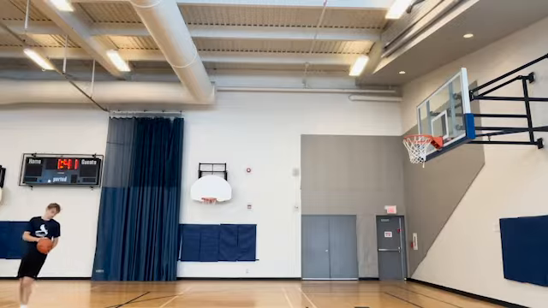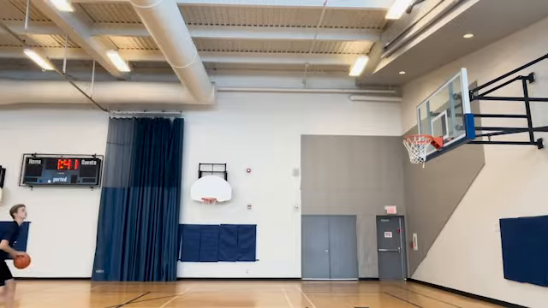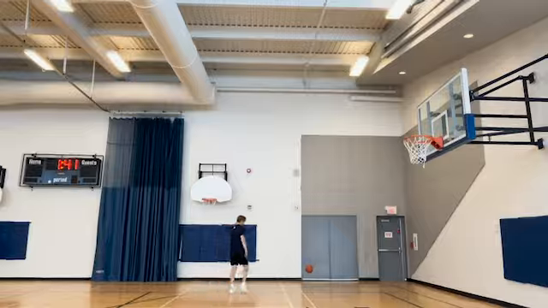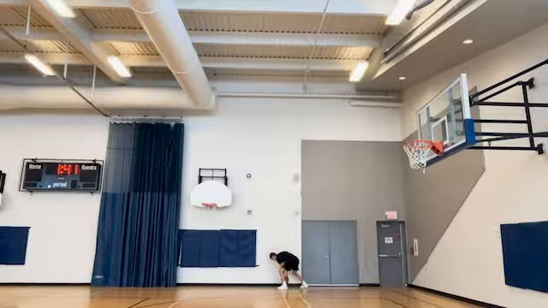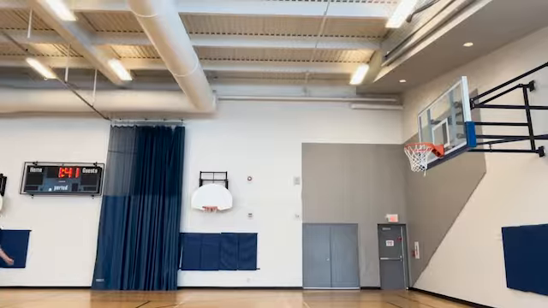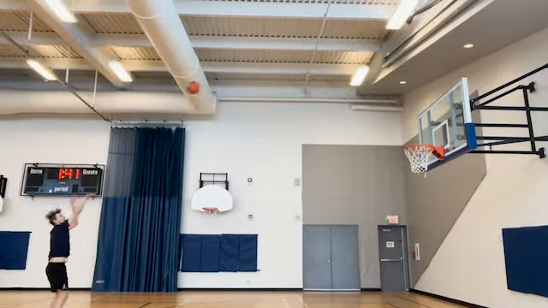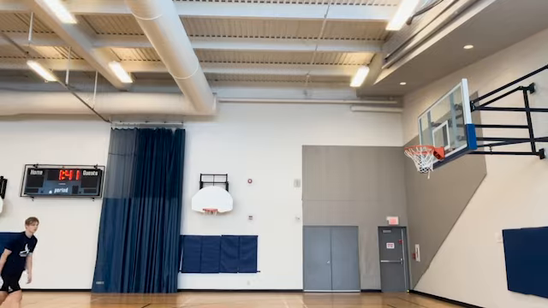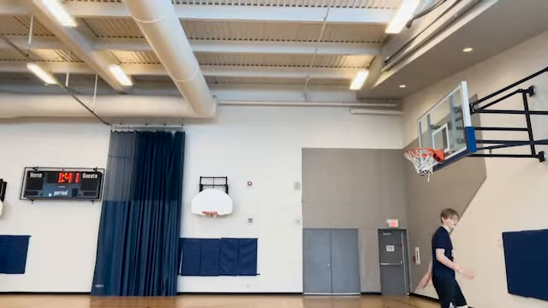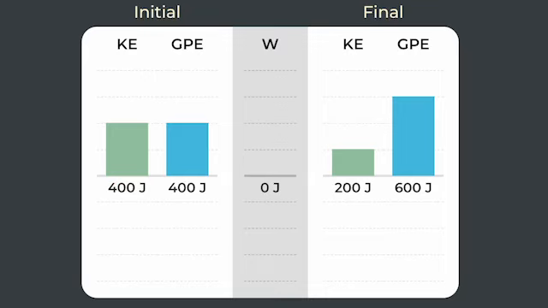Next is energy transfer. The shooter's muscles do work on the ball. Immediately after launch, most energy is kinetic. Kinetic energy equals half of mass times velocity squared. For m being around 0.6 kilograms and velocity around 8 meters per second, that's around 19 joules. As the ball climbs, some of that kinetic energy converts to gravitational potential energy, where potential energy equals mass times gravity times height.